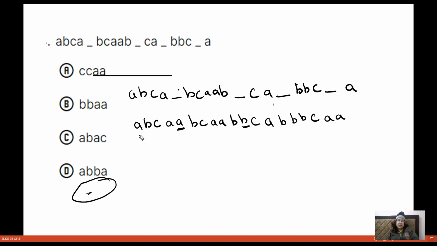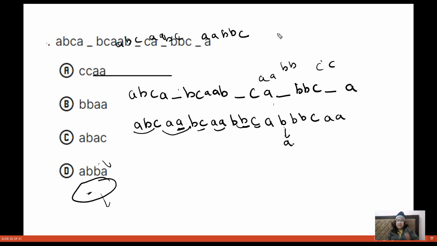Okay, so see what I am getting here, A B C, then double A B, then C, then double A double B and then C. Then I should have gotten here, instead of B, if there would have been A here, double A, double B and double C. So my sequence will be ABC, double A BC, then double A double B and C, and then double A, double B and double C. So are you recognizing this?